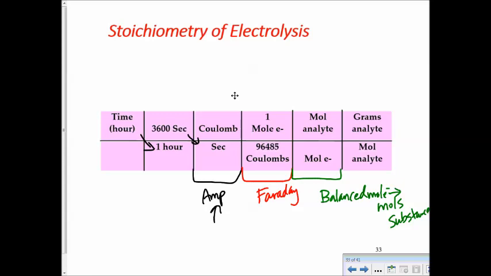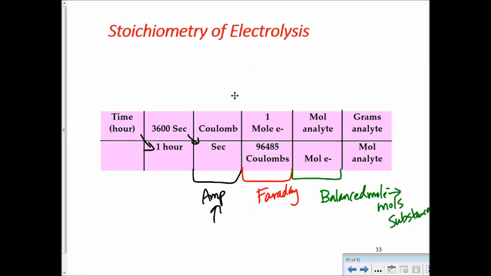Using the amp conversion, we're doing seconds to coulombs. Using Faraday's conversion constant, we can go from coulombs to moles of electrons. Moles of electrons to moles of our actual substance, the analyte, and then moles to grams. So a nice big setup. We're going to do a couple problems now and calculate it real quick.